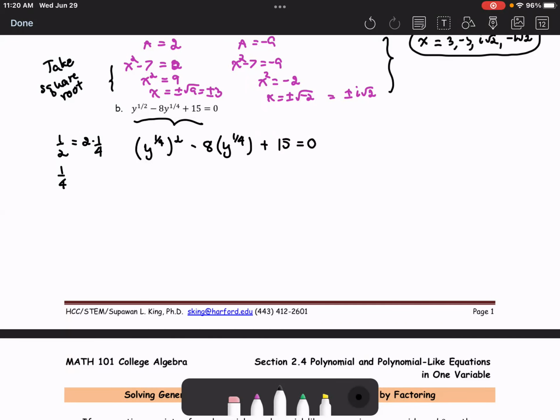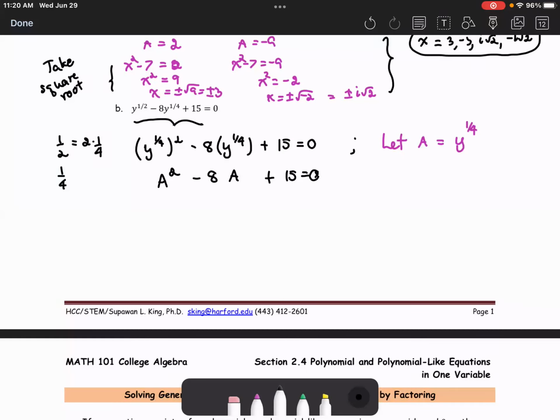For problem B, we're going to let the quantity A be y to the power 1/4, and substitute it into the expression on the left side. Now we get A squared minus 8 times A plus 15 equals 0.